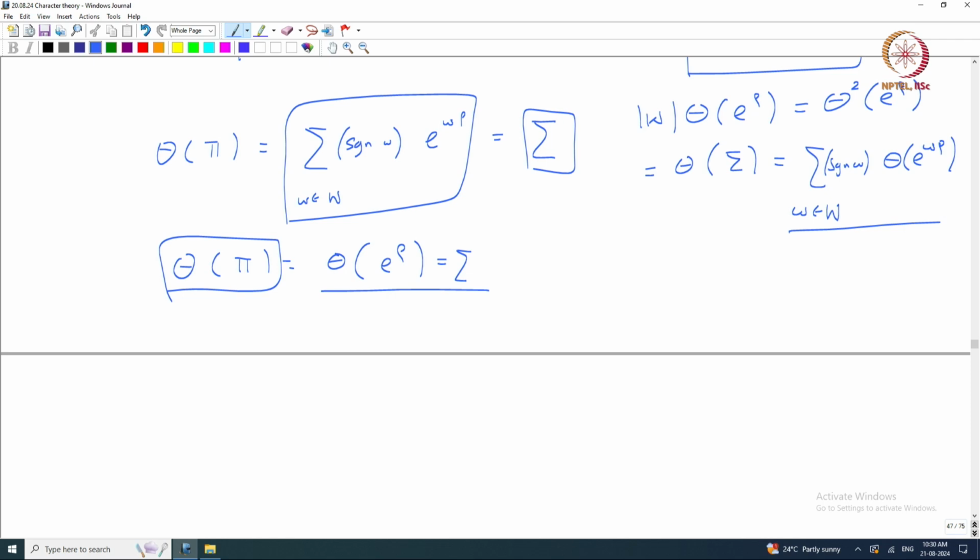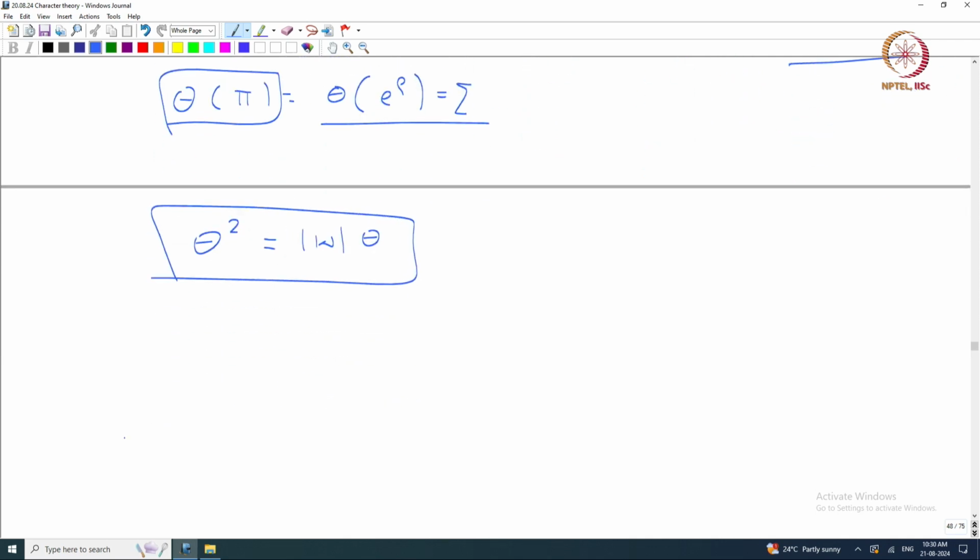Okay. So, now what we are going to do, let us look at theta of pi, because theta of pi is the same as this. So, theta square is the same as the cardinality of W times theta, and this is true for theta itself. So, we can apply it for pi. Okay. So, the cardinality of W times theta of pi, let us look at.